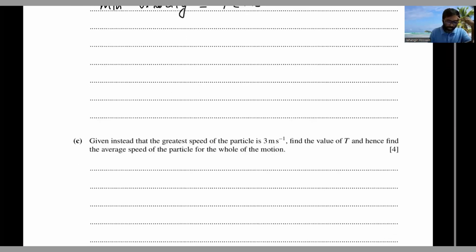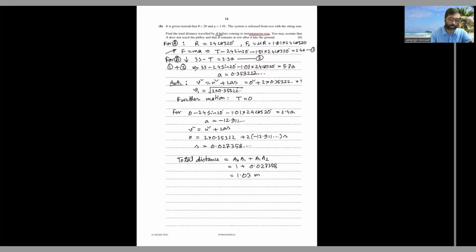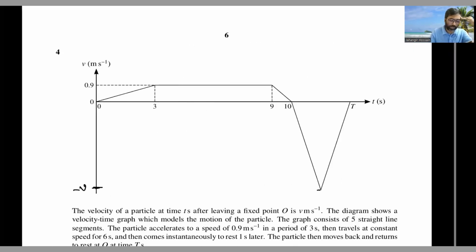In the next part, given instead that the speed of the particle is t. There are some different words for the velocity, greatest speed. If you look at the diagram here, the greatest speed is 3.